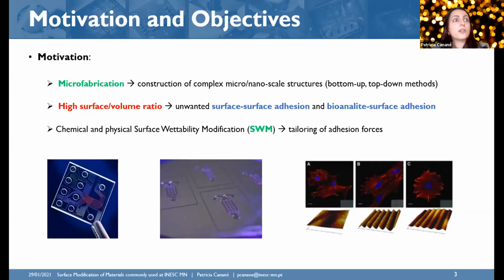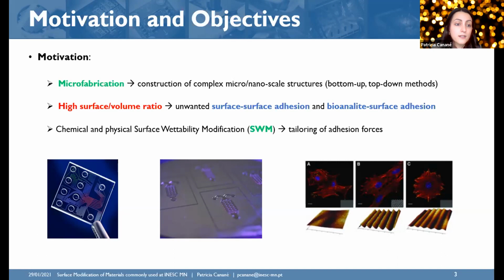For example, when we are trying to build a PDMS structure out of an SU8 mold, or even further on when we have a microfluidic device with a biological application and we suffer bioanalyte to surface adhesion that can compromise the efficiency of the assay.